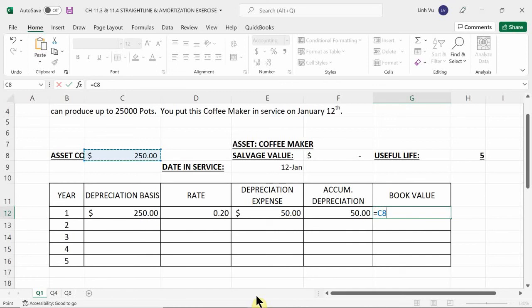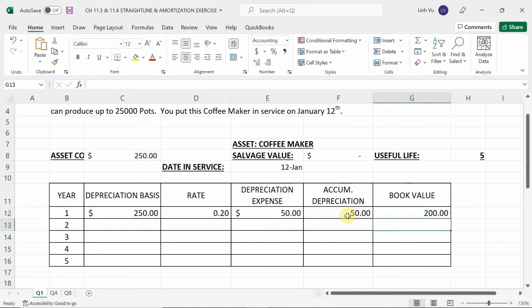Minus accumulated depreciation. What is in your accumulated depreciation right now? 50. It's going to be 200, because 250 minus 50. Okay, good.